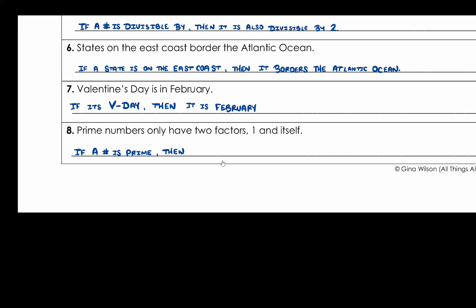If a number's prime, then it only has 2 factors, one and itself. My little and sign looks like Batman. Or a broken dove.